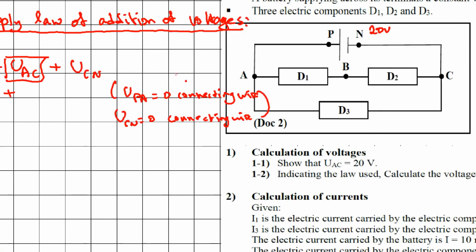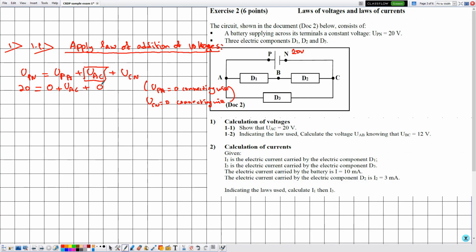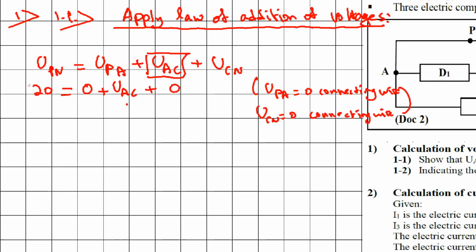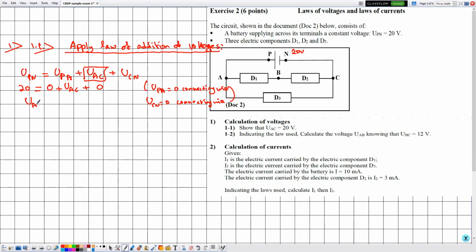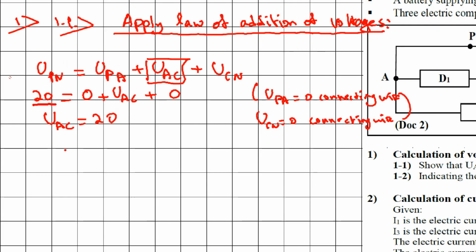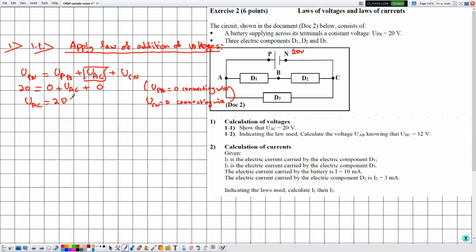This justification is important, and they usually give it half a mark. What's the type of this equation? It's a linear equation with one unknown, UAC. Then the value of UAC is 20. Since UPN, 20, is expressed in volts, the voltage UAC is 20 volts.